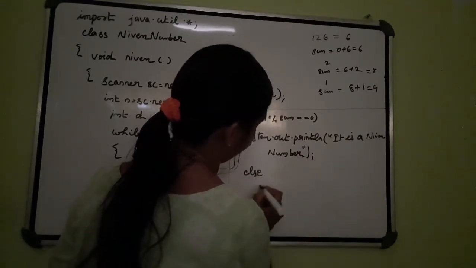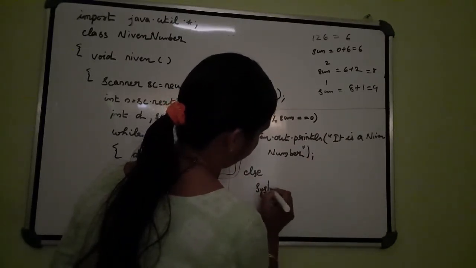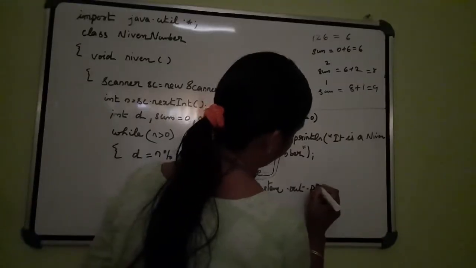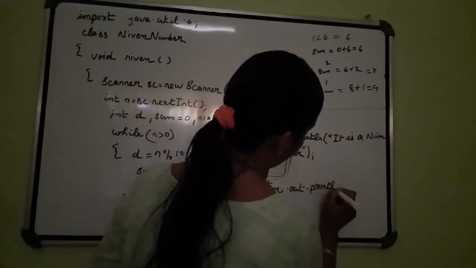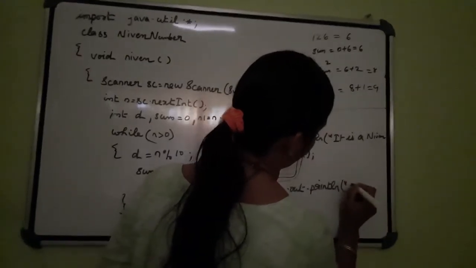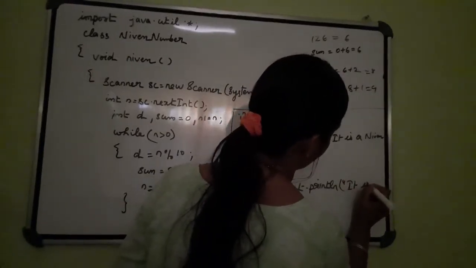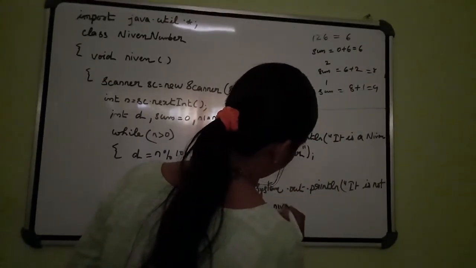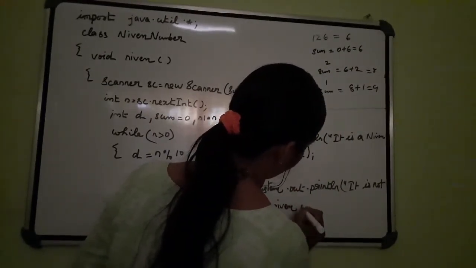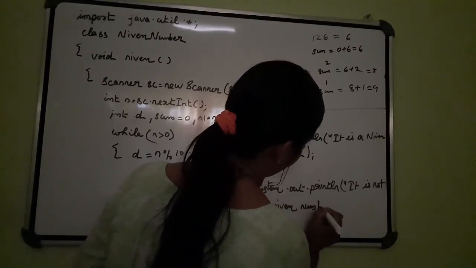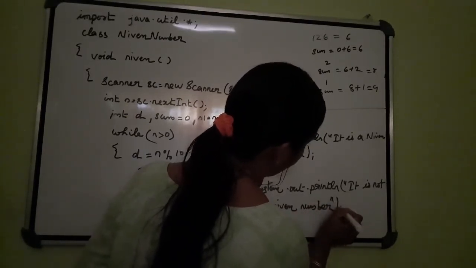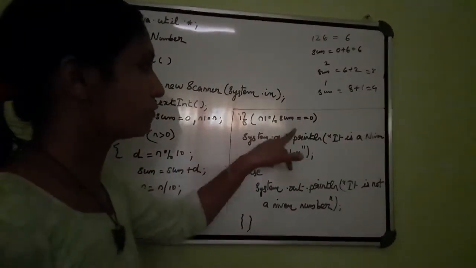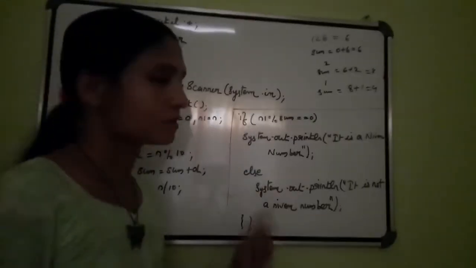Else, it is not an even number. That means if the condition is false, we can say it is not an even number. Okay, if the condition is true, we can say it is an even number, else it is not an even number.